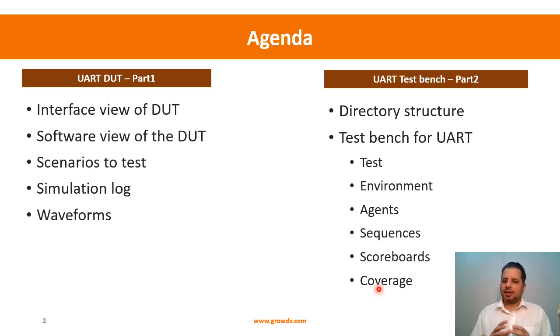However complicated, the total number of sequences might be more, but the concept of sequence will remain the same. The total number of virtual sequences might be more, but the concept of virtual sequence will remain the same.